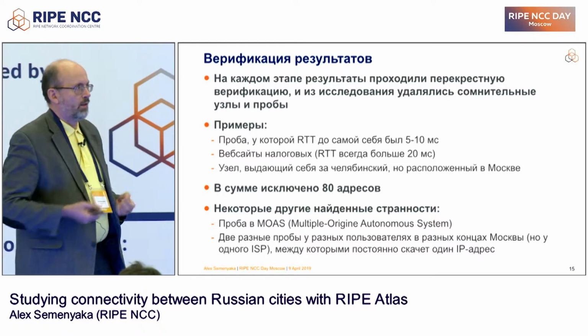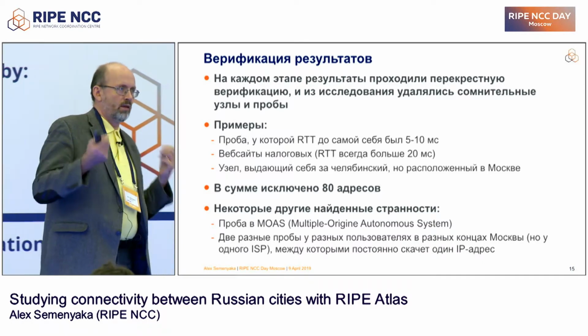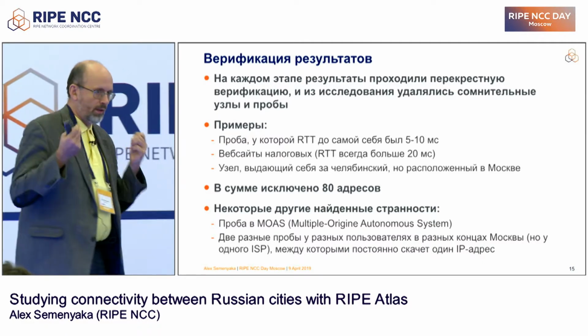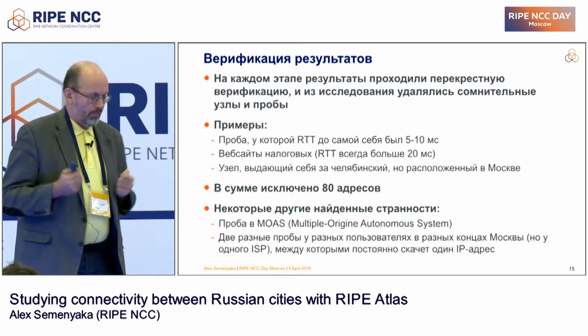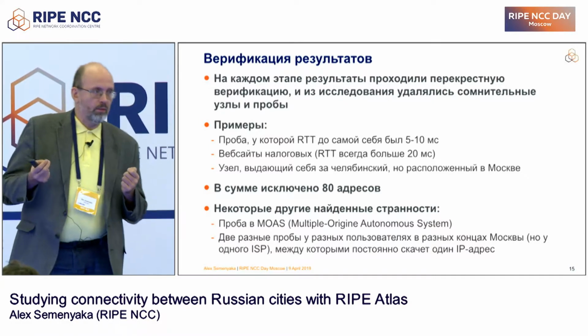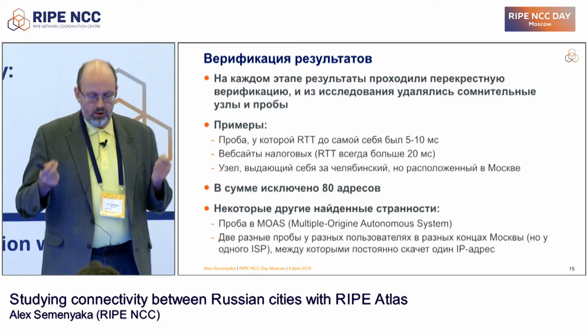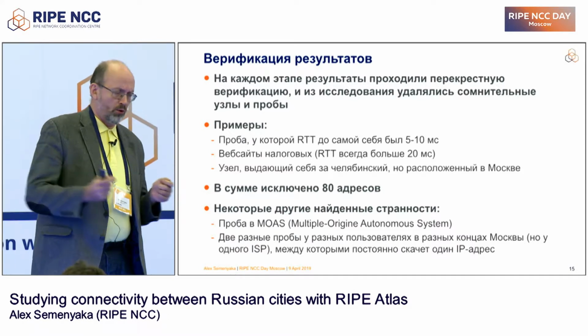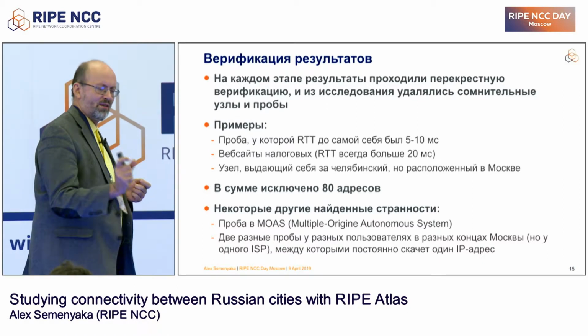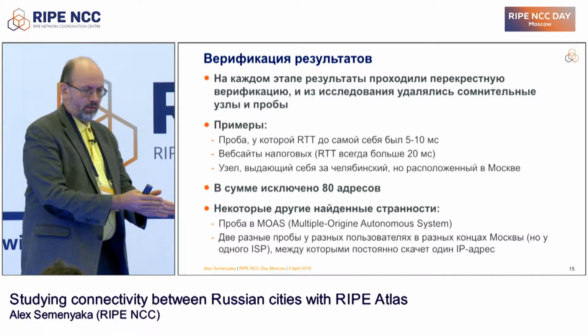There were other sites that looked like excellent candidates for local points. They belong to the tax inspectorates, and every tax inspectorate is in a particular region. But it turned out that all of them had a fixed latency of 20 milliseconds, 20 milliseconds sharp.